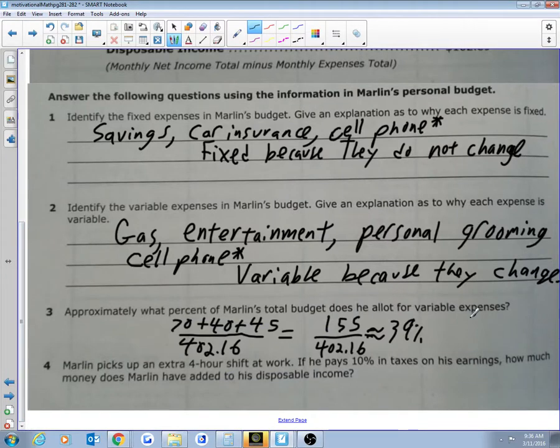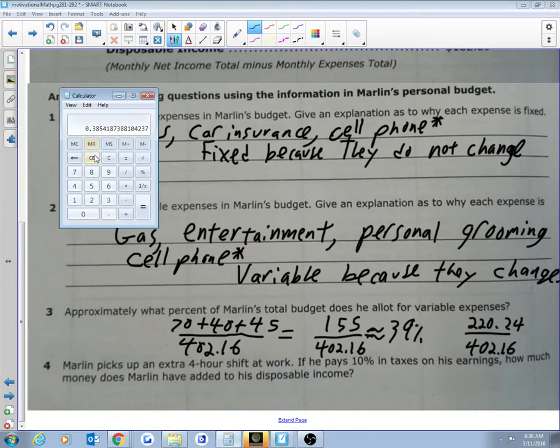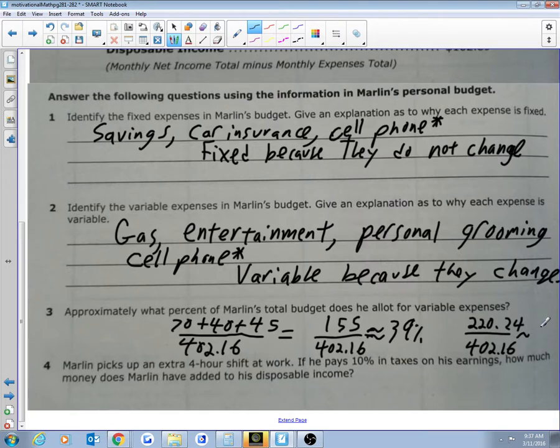So with the cell phone, it would be $220.24 out of 402.16, and that's roughly 54.7, roughly 55. So if we are including his cell phone as being a variable, it's roughly 55% of his total income.